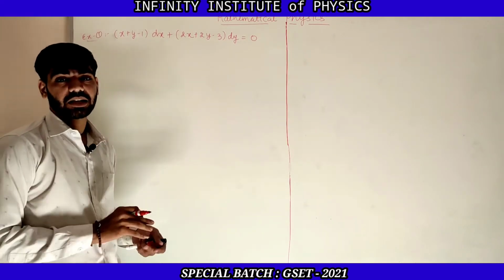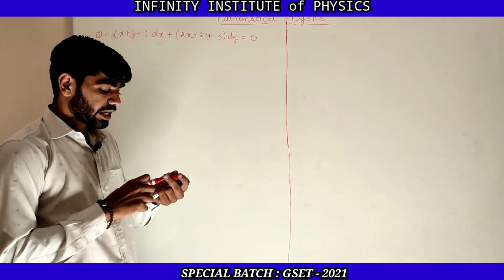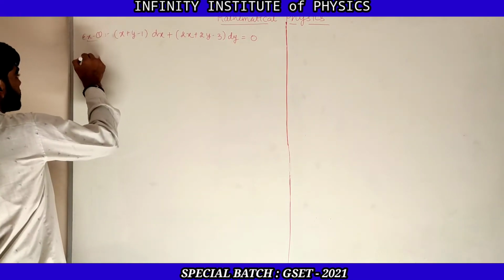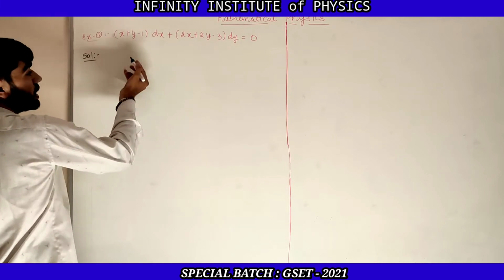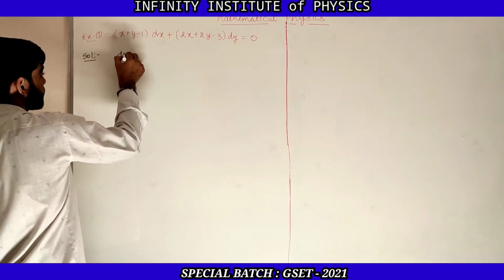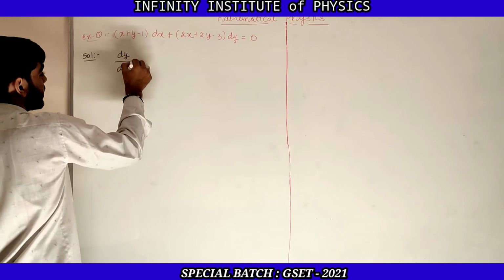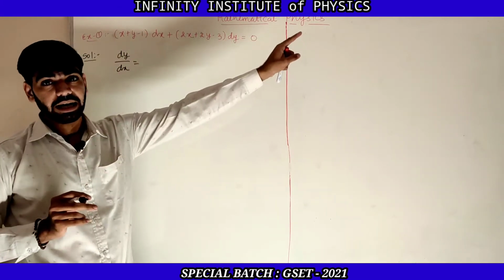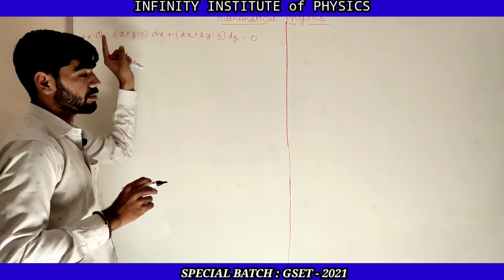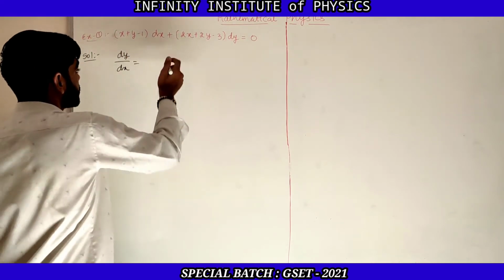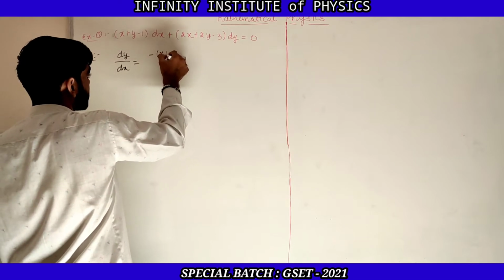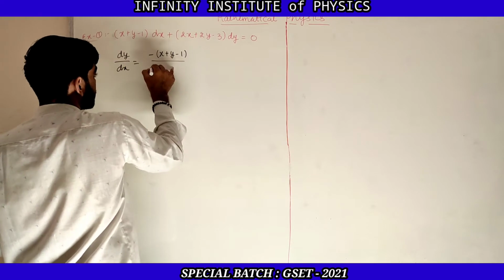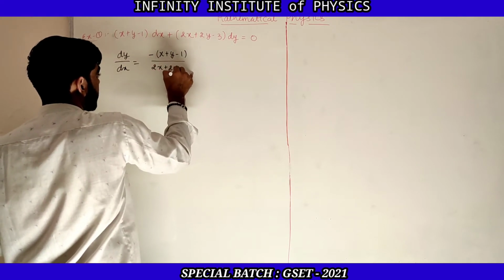So first let us convert this equation into the form dy by dx is equal to m by n. So now the solution of this equation: dy by dx, I am just writing it directly. Let us take this term on the right hand side, then it will be minus of x plus y minus 1 upon 2x plus 2y minus 3.